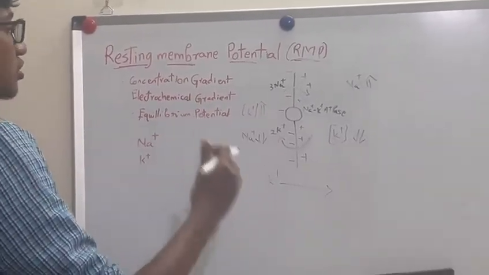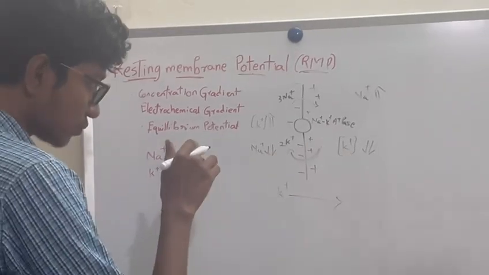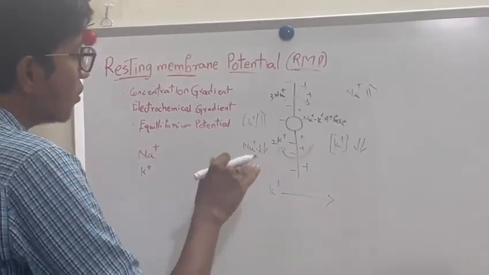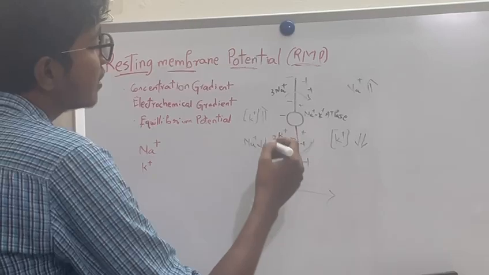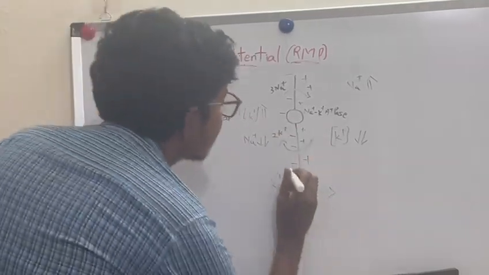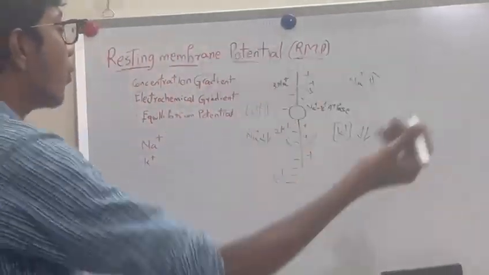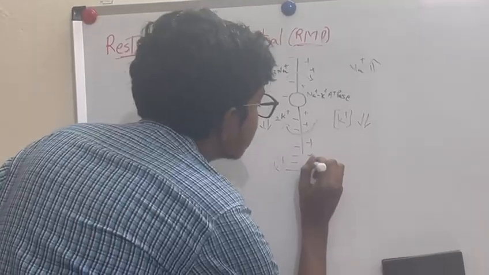As the potassium ions flow from inside to outside, slowly there is generation of negative charge on the inside and positive charge on the outside.